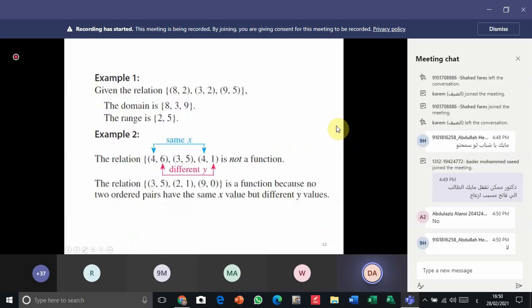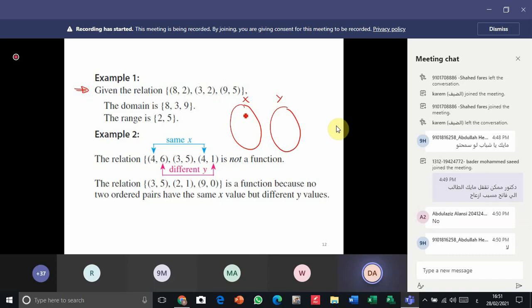Okay. Look at this relation. We have the relation: 8 connects with 2, 3 with 2, 9 connects with 5. So we have the domain, the first values, and the second values, this is the range. Okay, so we can draw the Venn diagram x and y like this.